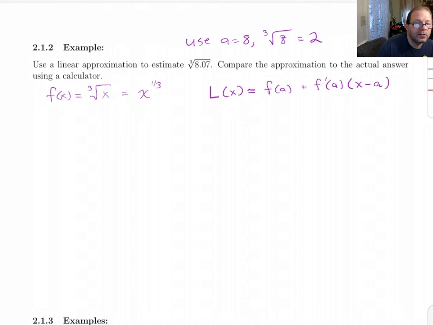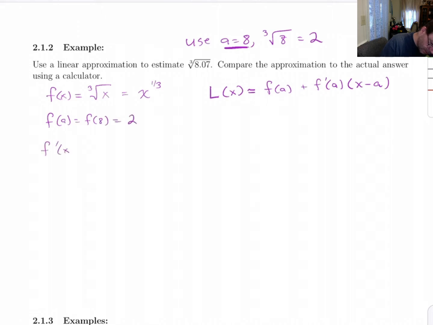All right, so f of x is that. F of a, let's see, a is 8. So f of a is f of 8, which is a cube root of 8, which is 2.